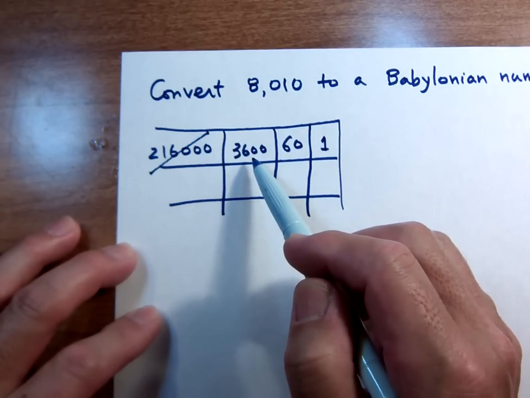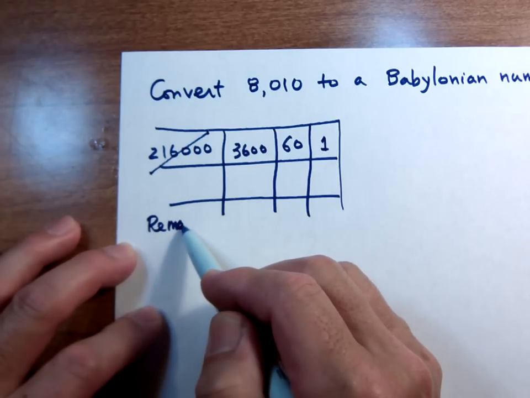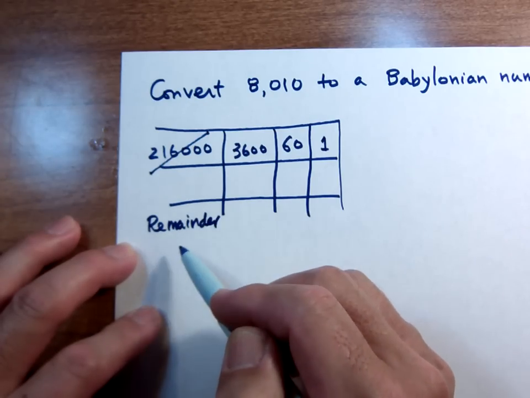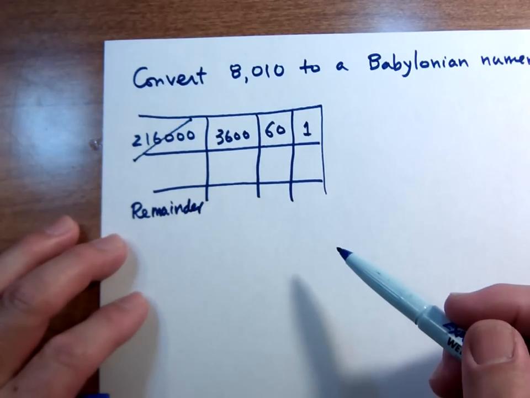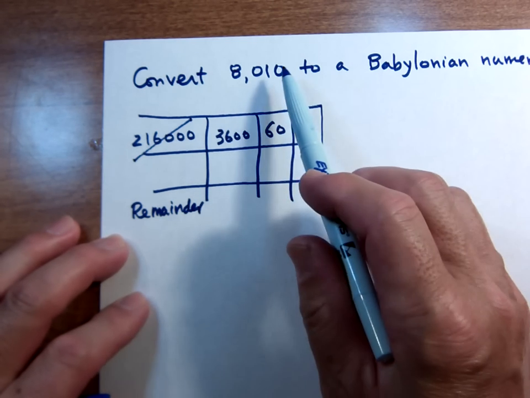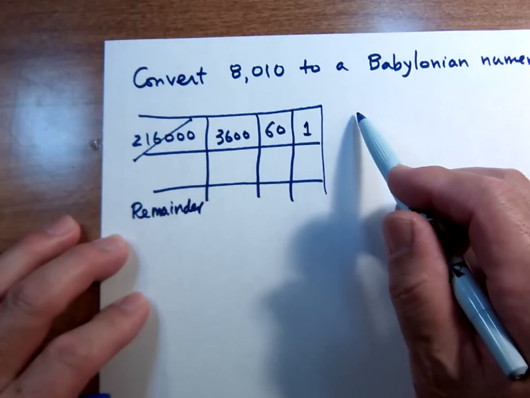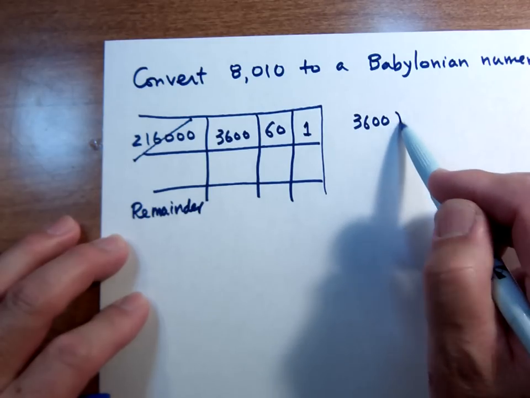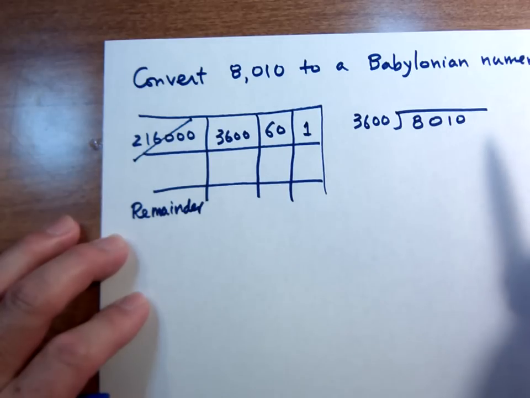And remember, when we do this, we do need what is called a remainder row. We simply write R usually. So our task is to figure out the number of times 3600 will go into 8010. And basically what that amounts to is doing kind of tedious manual division.